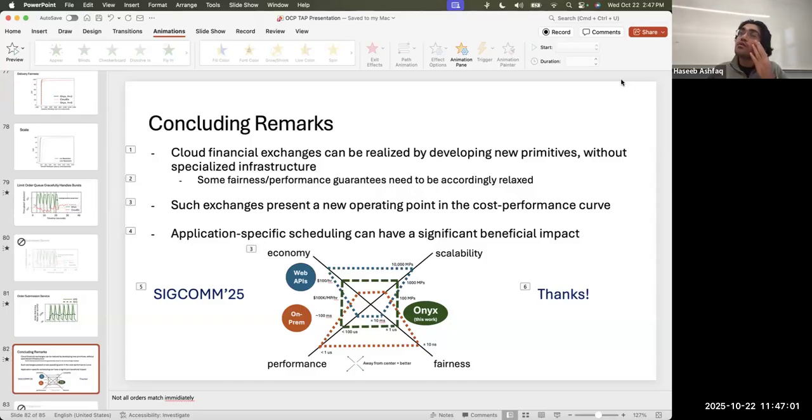Let me think. I will just say that we did explore one angle, which was cloud gaming, where some event happens in a game and it needs to be broadcasted to all the gamers, and all of them should see it at the same time, because they can generate a reaction to that event.